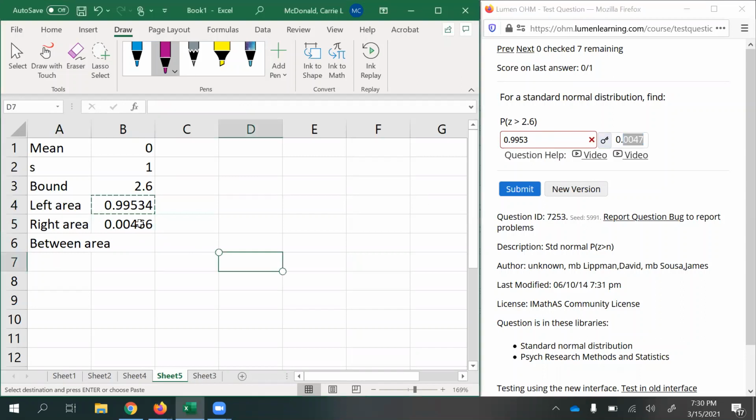Now, before we go on, I'd like to use this as an opportunity to talk about why, even though I haven't shown it in this video, I do recommend that you always draw a picture, because if you understand that your mean is in the center at 0 for standard normal distributions, and then you have this boundary of positive 2.6, that would be over here on the right.